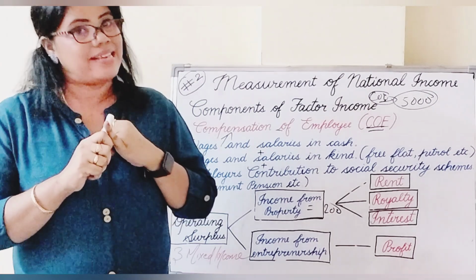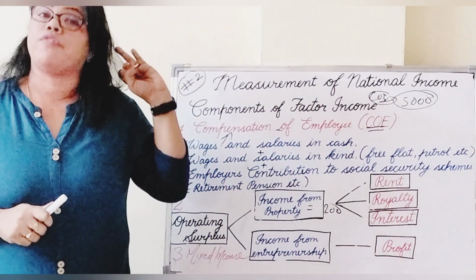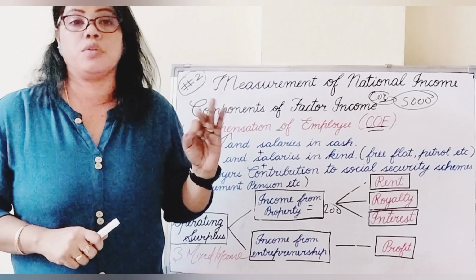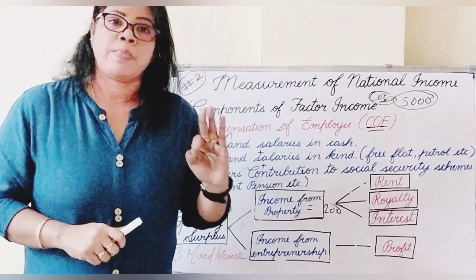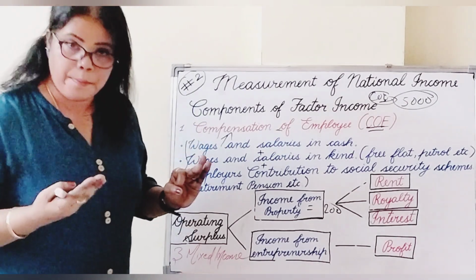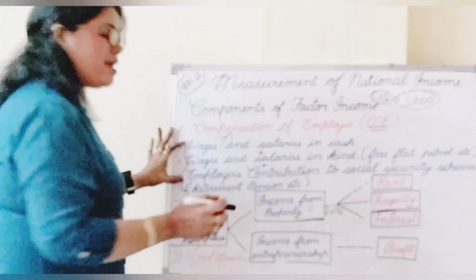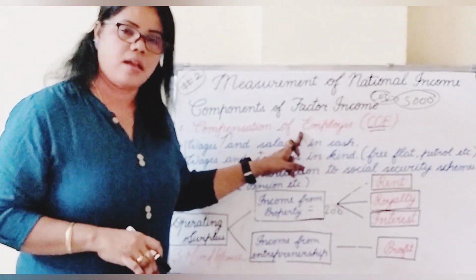Wages and salaries in cash, wages and salaries in kind, and employers' contribution to social security such as pension, for example retirement pension. These three elements collectively are called compensation of employees.